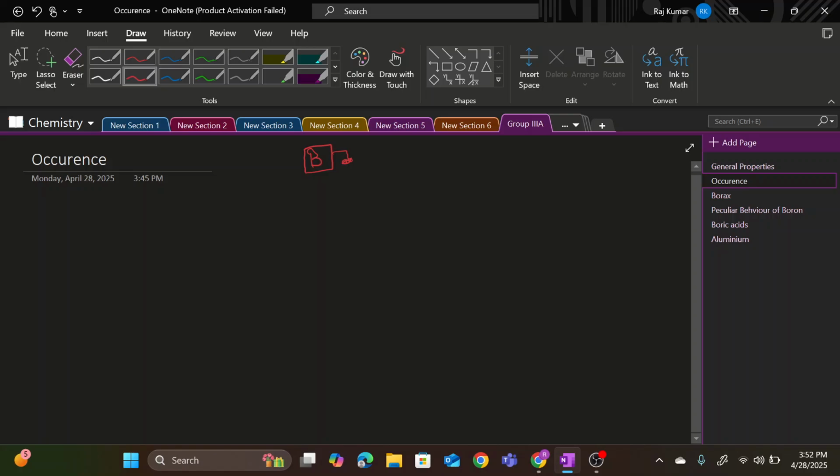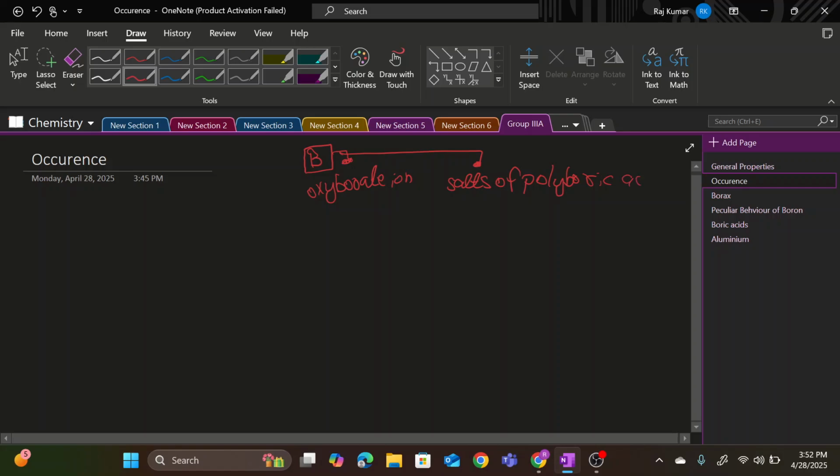It is also the least abundant in Earth. It is mostly found in the form of oxyborate ion combined with oxygen, and it is also found as salts of polyboric acid.